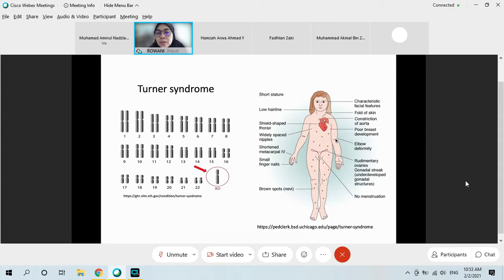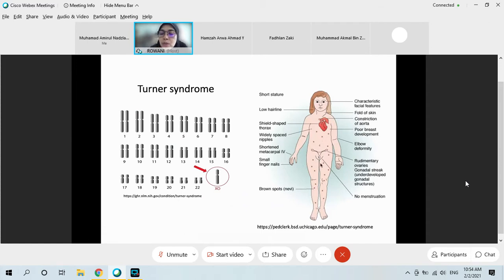There is also elbow deformity. If you ask the patient to sit up straight with open hands, you will see an increase in the carrying angle. Looking at the nails, the fingernails are small or hypoplastic, sometimes hyperconvex, and the fourth metacarpal is very short. Most people with Turner syndrome have gonadal dysgenesis, so they are not fertile and don't have normal menstruation.